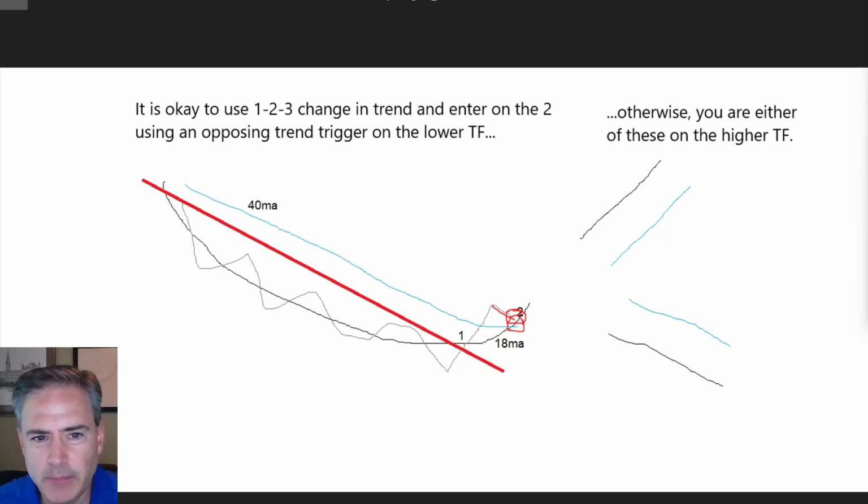On this specific method that I'm going to show you, sometimes we get a 2 that comes all the way down to the low, and what I would recommend is some kind of a move back up and then test the 18. I'm looking for the 2 to be testing the 18. Sometimes you can get a pullback here, and then it actually triggers the 3, but it's really a far move, and then you wait for kind of a 2B, where you're getting a second chance of doing the 2 version at the 18 MA.